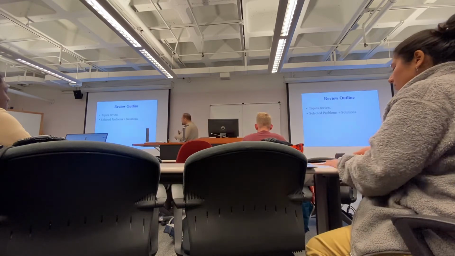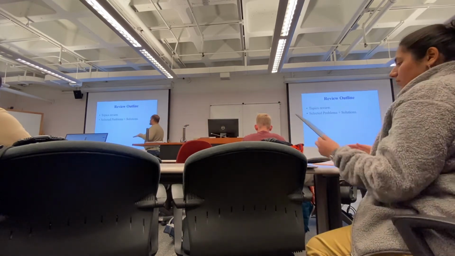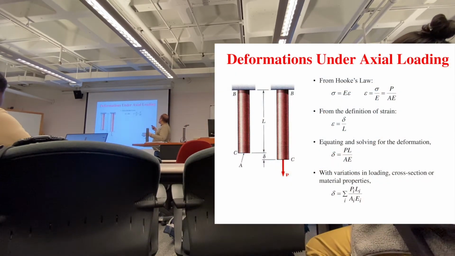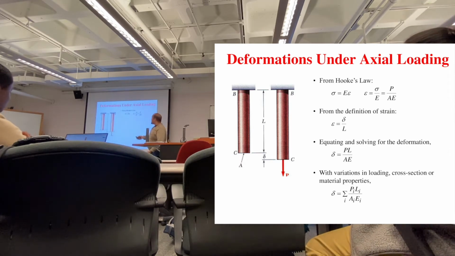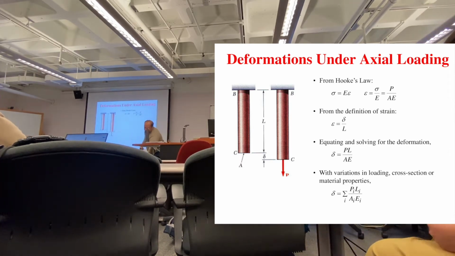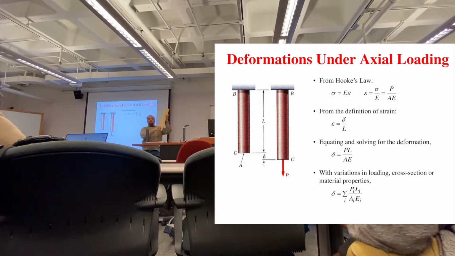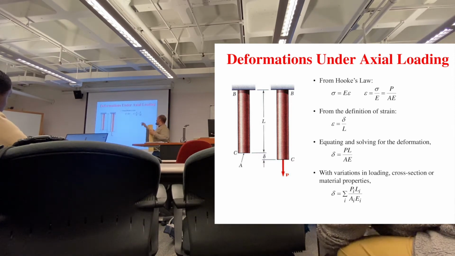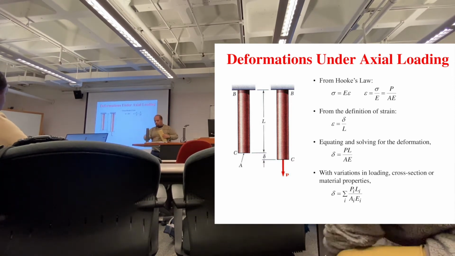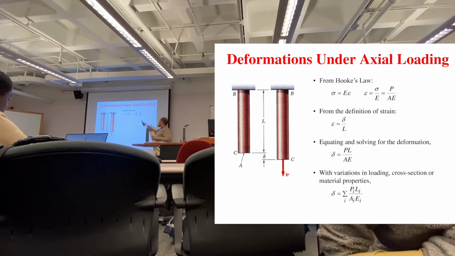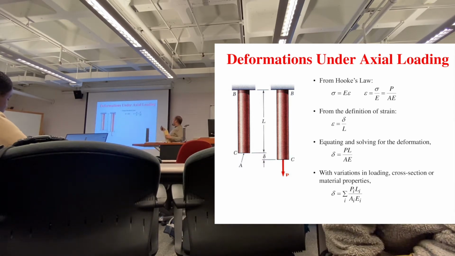So, just to get started, for deformations under axial loads, you know that if you are pulling something with a length L, with a force P, it's going to deform by a little bit, delta. From Hooke's law, sigma equals E epsilon, so epsilon equals sigma over E, or P over AE.